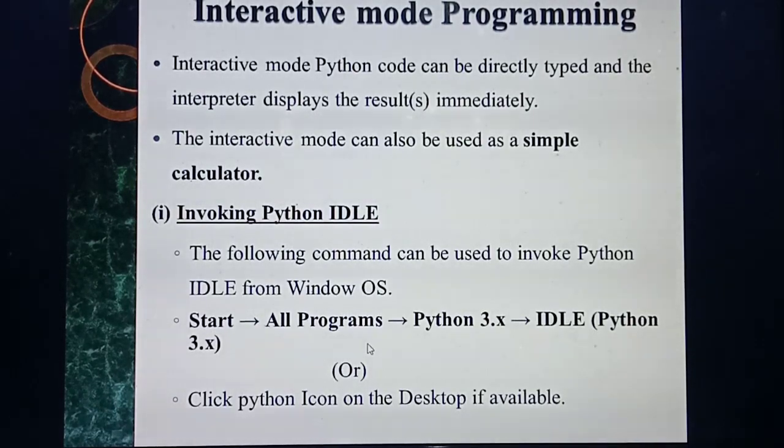All Programs. In All Programs, which version are you using? Yesterday I taught Python 3.x, isn't it? Next you need to select Python 3.x. Then inside Python 3.x you have Python IDLE. You should click this one. Which one? Python IDLE.